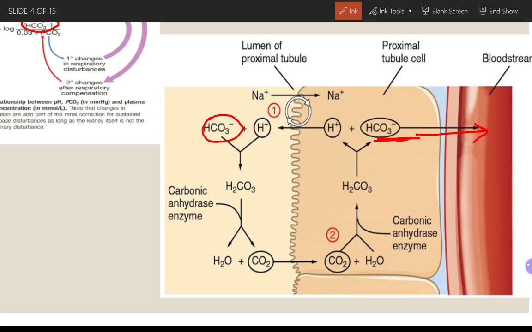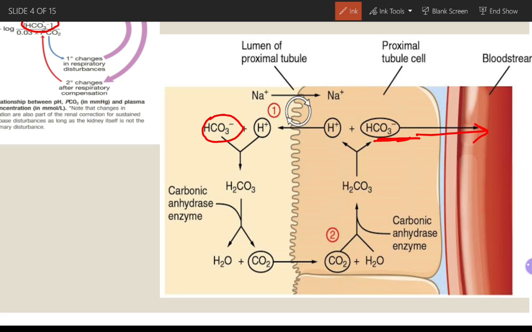This means that whenever you have a systemic acidosis, this helps to reabsorb the bicarbonate into the bloodstream, and hence it leads to an increase in pH. So this is how it's controlled.